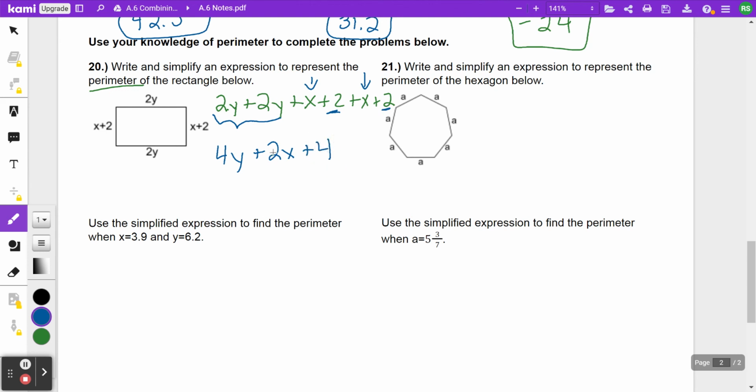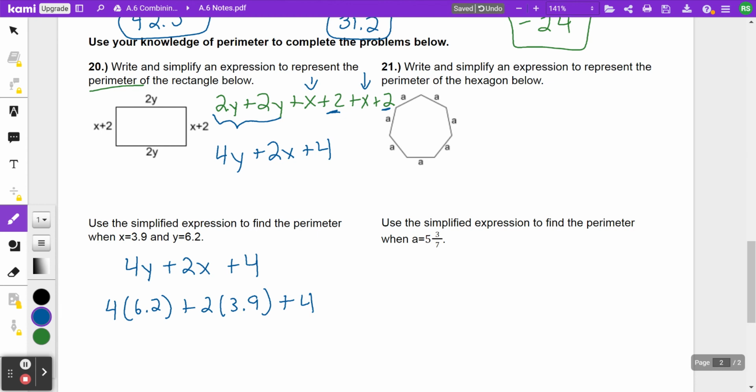So 4y plus 2x plus 4, which looks a little bit neater. Now let's take that expression and plug our values in. We're going to plug in 6.2 for y, 3.9 for x, and then we have that plus 4 at the end.